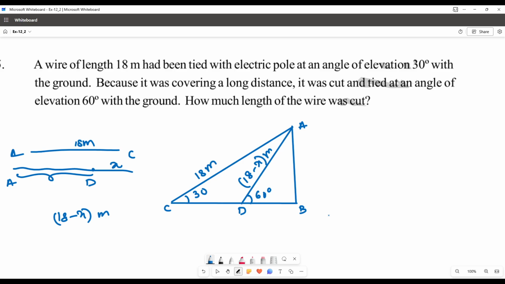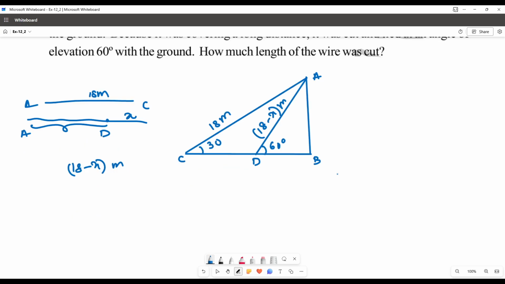Now if we consider this diagram, the length of AB, that is the length of the tower, is common in both the triangles. So let's find the length of the tower first. In triangle ACB, the angle that we have is 30 degrees, we need to find the length of the opposite side, and we have the length of the hypotenuse.